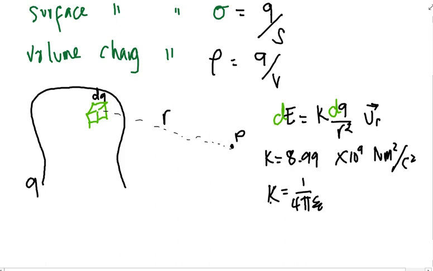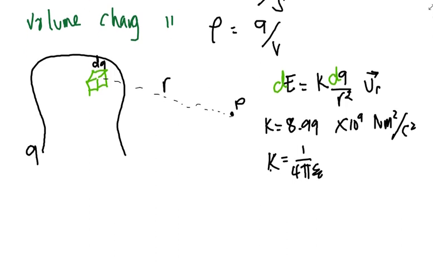If you compute using other materials or books, there may be deviations in the answers because they use 9 times 10 raised to the power of 9 instead of 8.99, but the difference is minimal.